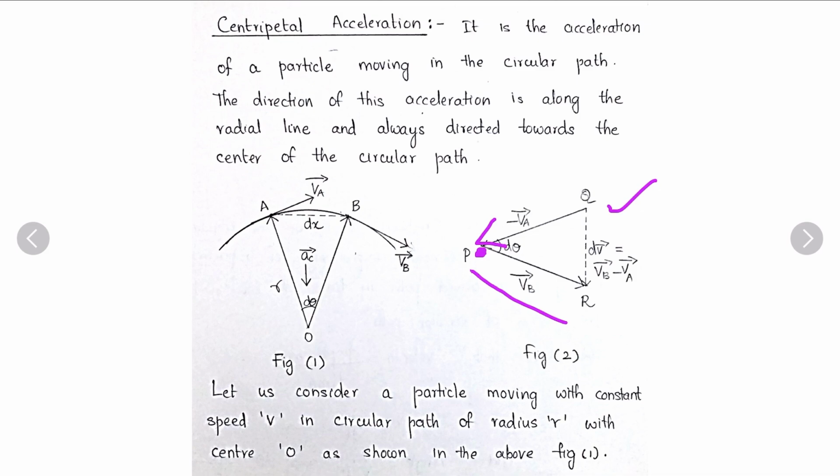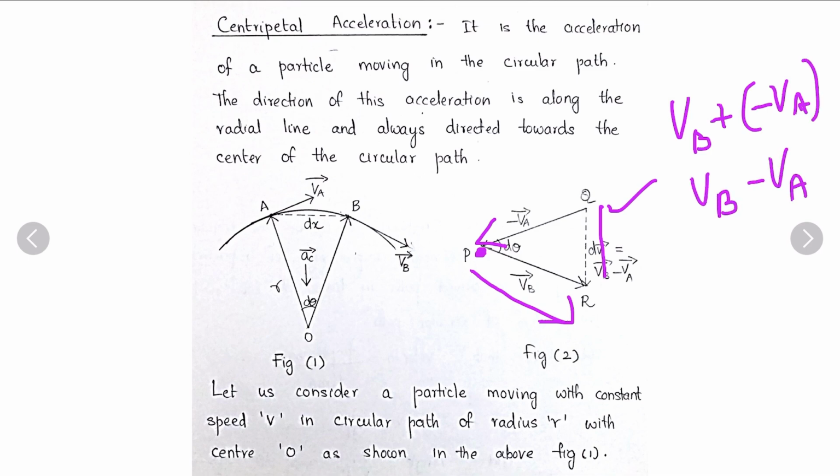That means according to the triangular law of vector addition, when the tail of VB is touching the head of minus VA, join the third side. The third side gives you the resultant. That is addition of two vectors. That means it will become VB plus minus VA, that's nothing but VB minus VA.